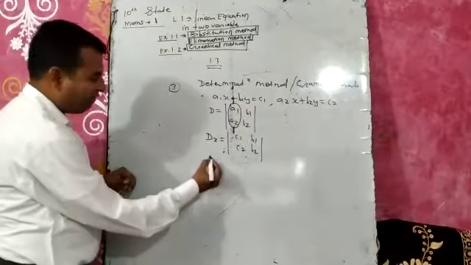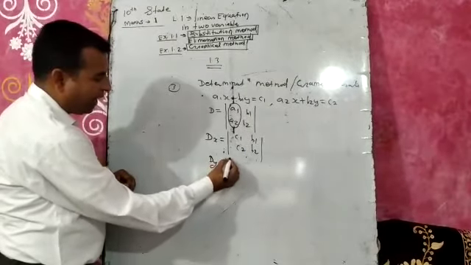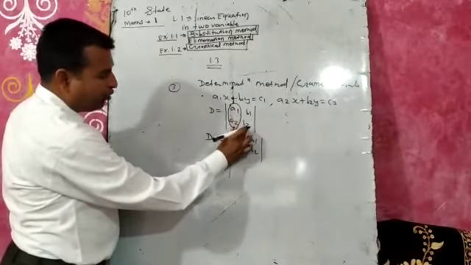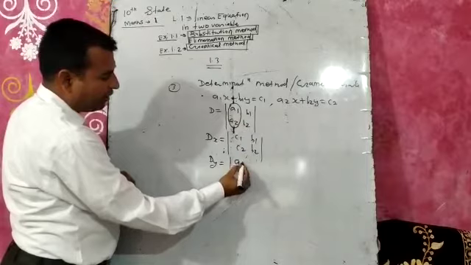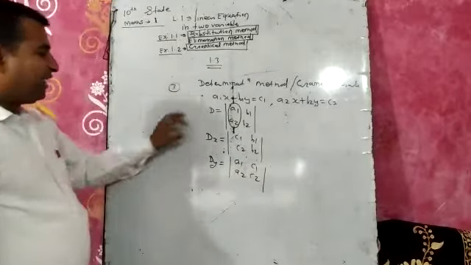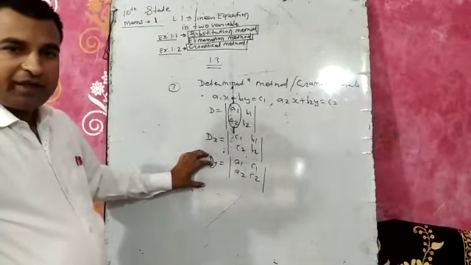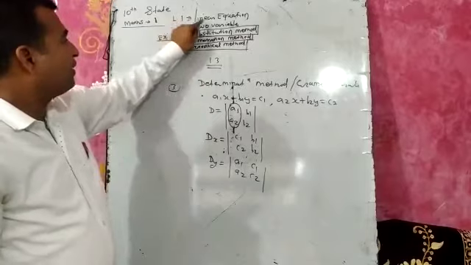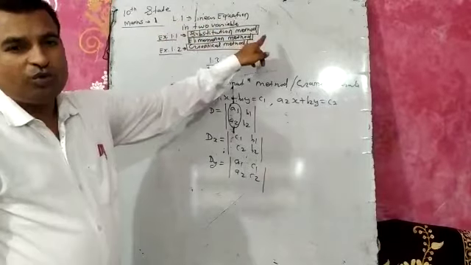The third step is to find Dy. In this case, b1, b2 are replaced by c1, c2, means a1, a2 and c1, c2. These are the three important steps to solve linear equations in two variables.